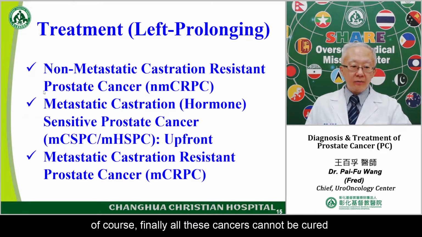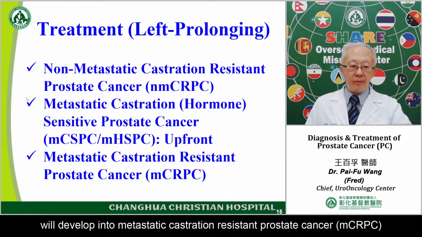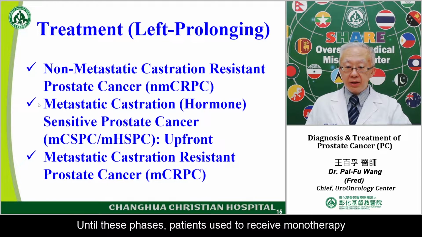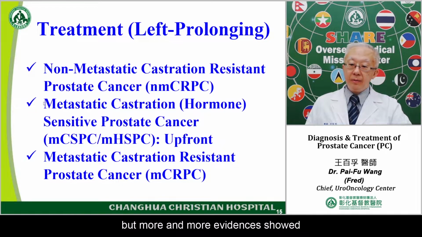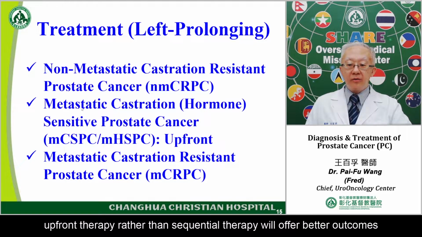Finally, all these cancers that cannot be cured will develop into metastatic castration-resistant prostate cancer, so-called M-CRPC. Until this phase, patients used to receive more therapy, but more and more evidence shows upfront therapy rather than sequential therapy will offer better outcomes.